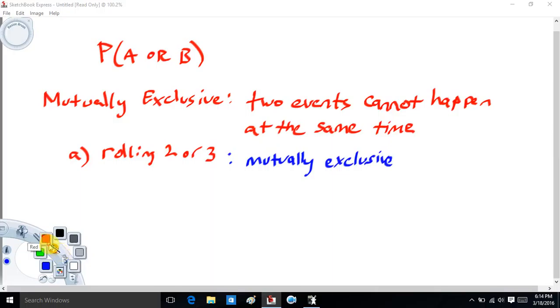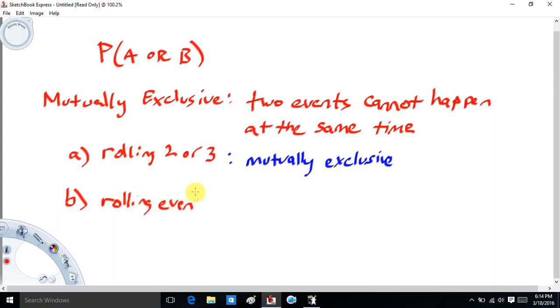Okay, second example. Rolling an even number or a multiple of 3 on a regular 6-sided dice. Well, the multiples of 3 are 3 and 6. If we look at the sample space of rolling an even, it's 2, 4, and 6.